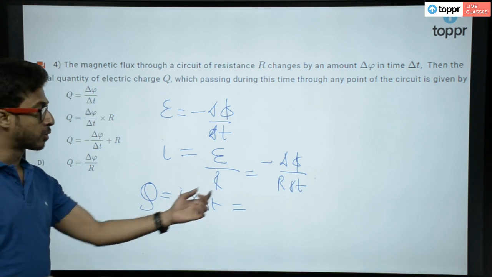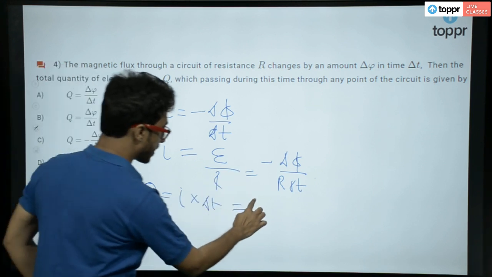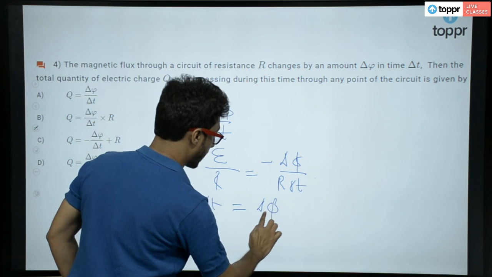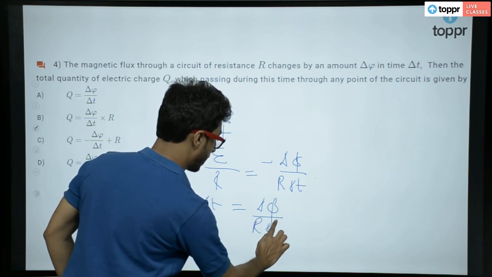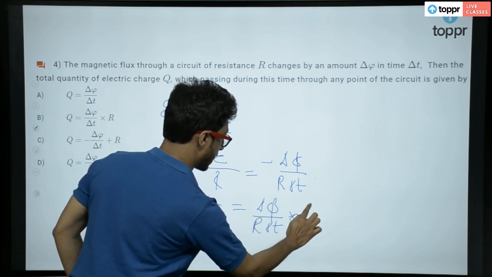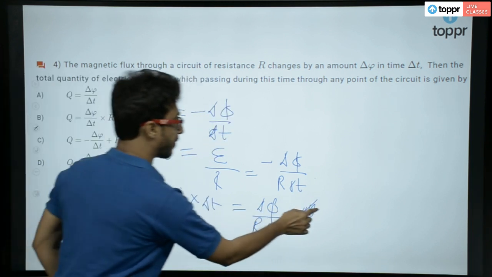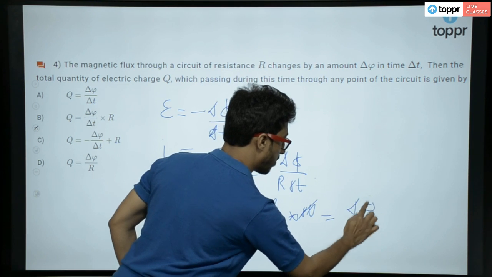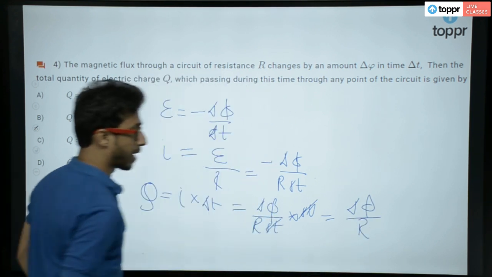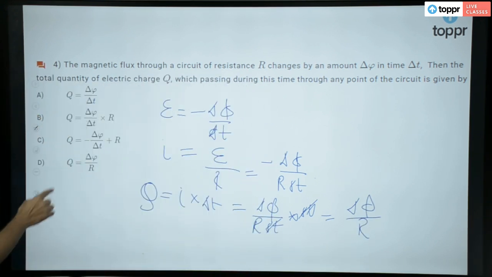We are not bothered about the sign. It is nothing but del phi by R del T into del T. So this cancels out. It becomes del phi by R. So the answer will be D.